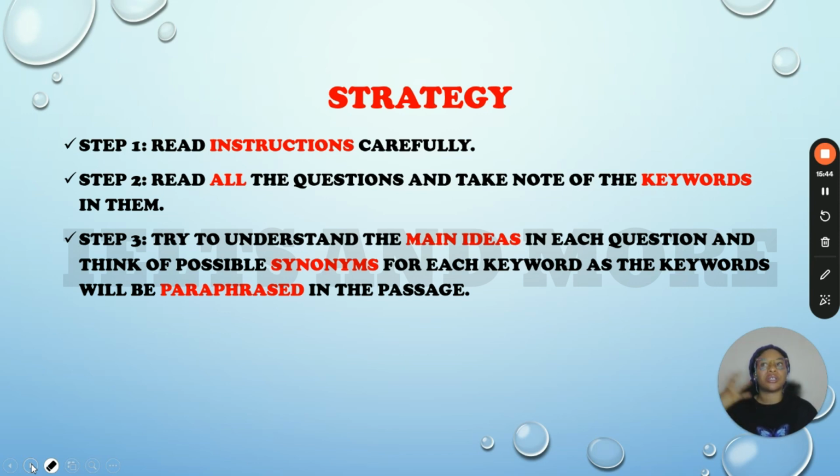I'm not saying spend all the time thinking of synonyms of every single keyword in the question, no. But as you read, just think about it, because this is important: the words will be paraphrased in the passage. Paraphrase means that they are not going to use the exact words in the question, in the statement. They are going to paraphrase it, use synonyms, or rephrase the sentence.